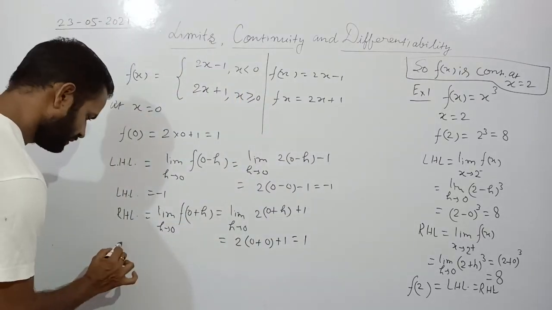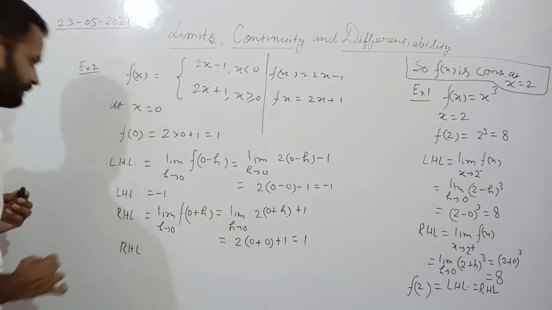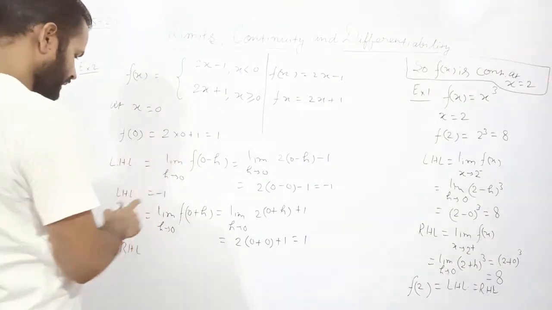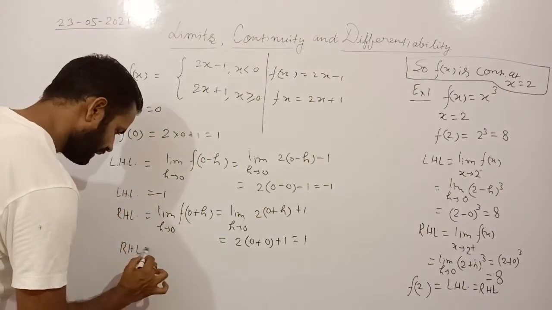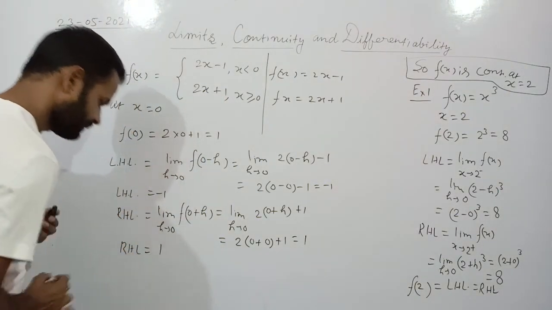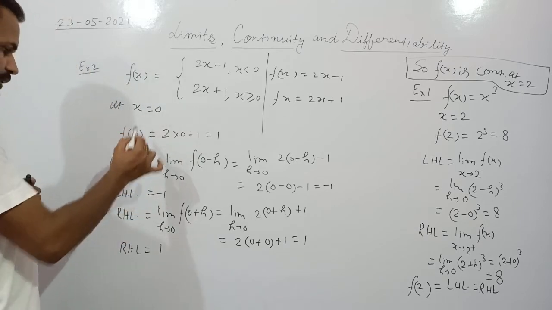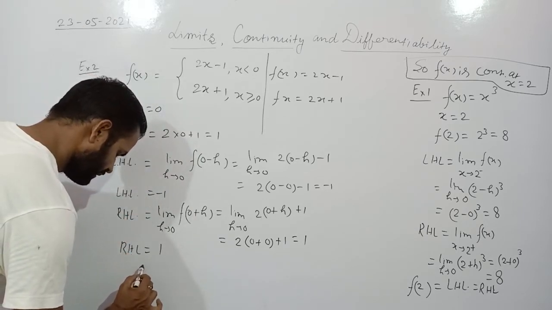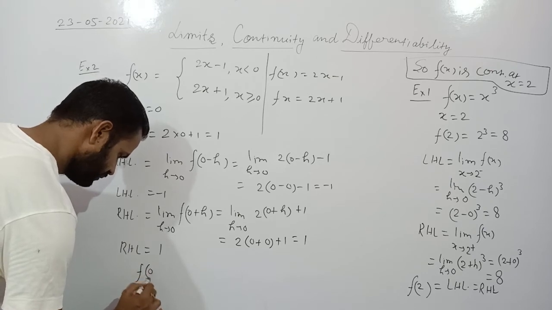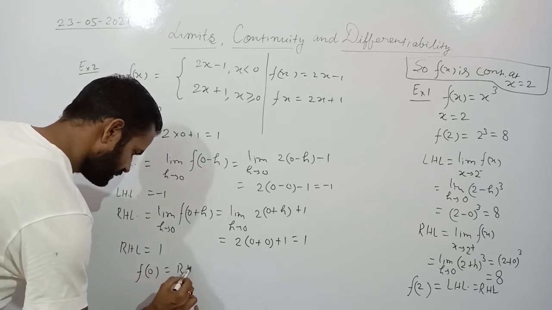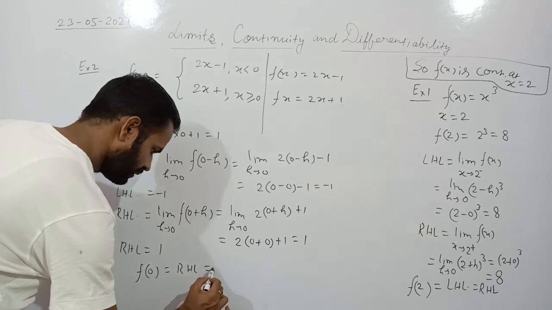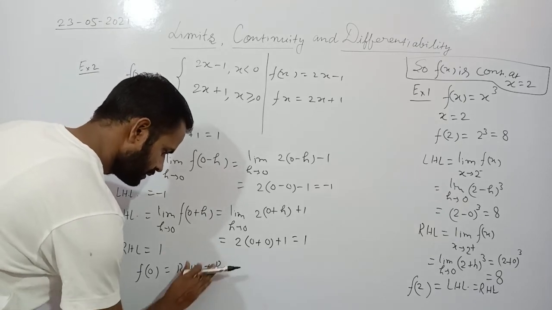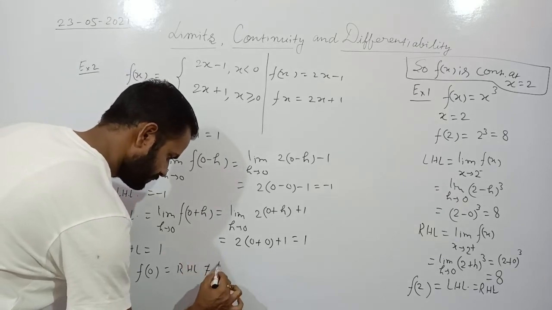Now you can see f(0) was 1, LHL was minus 1 and RHL obtained is 1. So all these are not equal. We can say f(0) equals RHL but not equal to LHL.